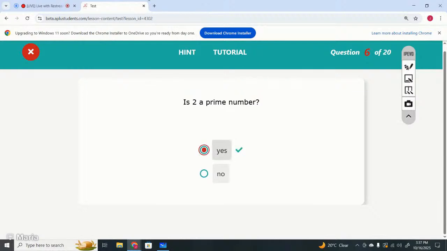Yes, 2 is a prime number. Is 8 a prime number?